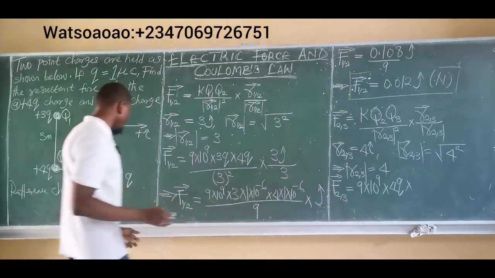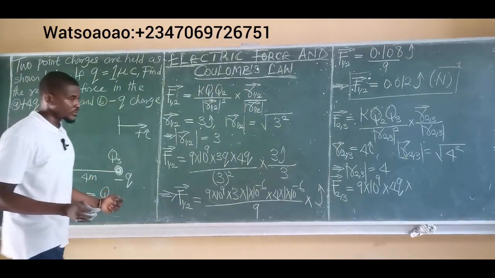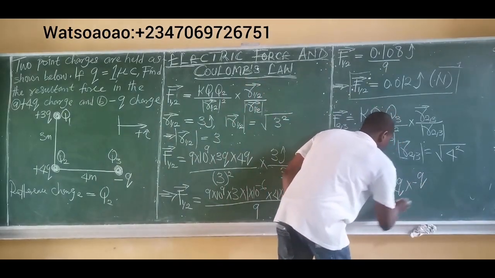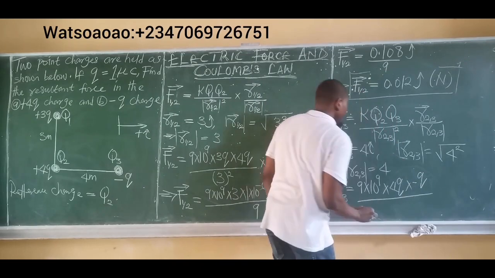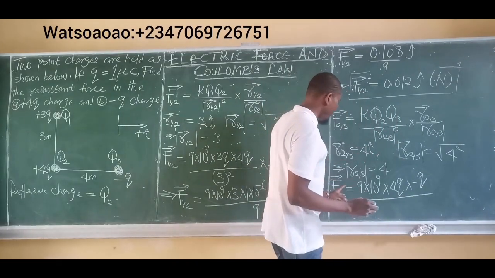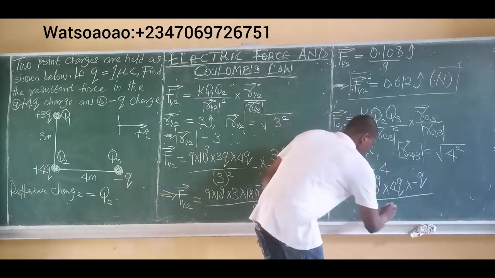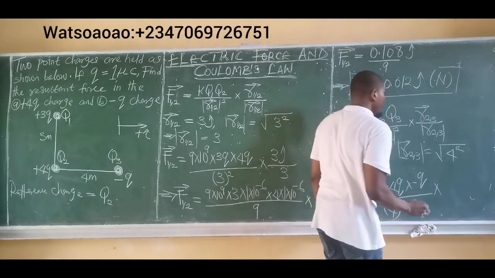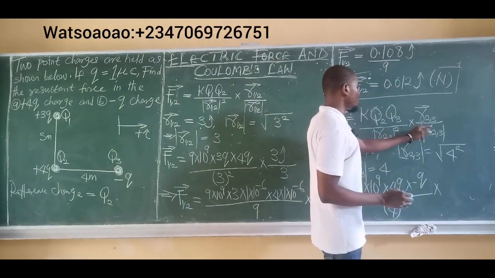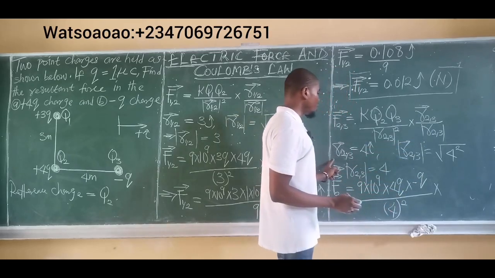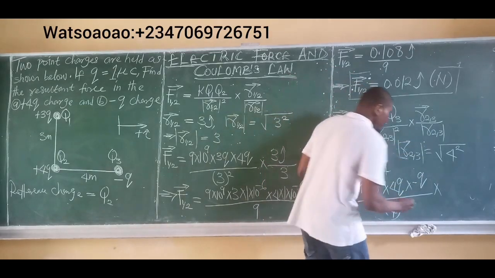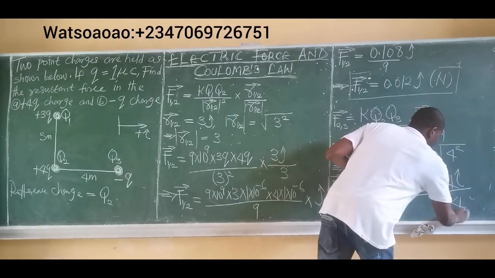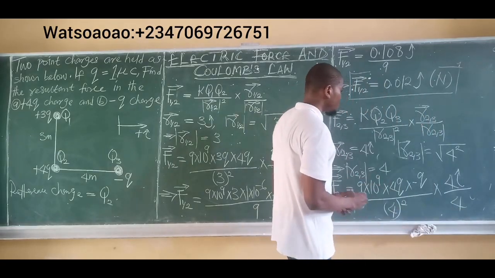Q3 is now the new charge, which is minus Q. So multiply by negative Q all over the magnitude squared, and the magnitude gave us here as 4, so you have 4 squared. Now multiply by the unit vector, which is the position vector divided by the magnitude, and the position vector we obtained here as 4i. So multiply 4i divided by 4, which is the magnitude.